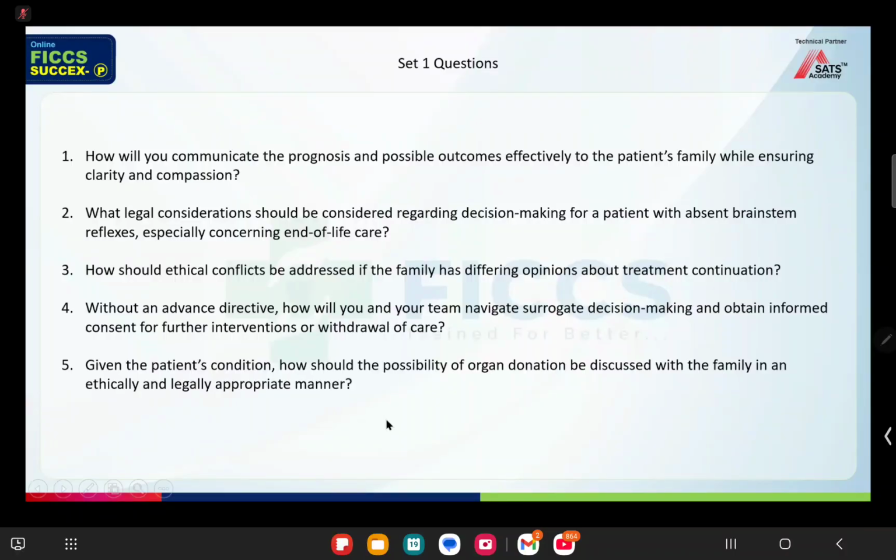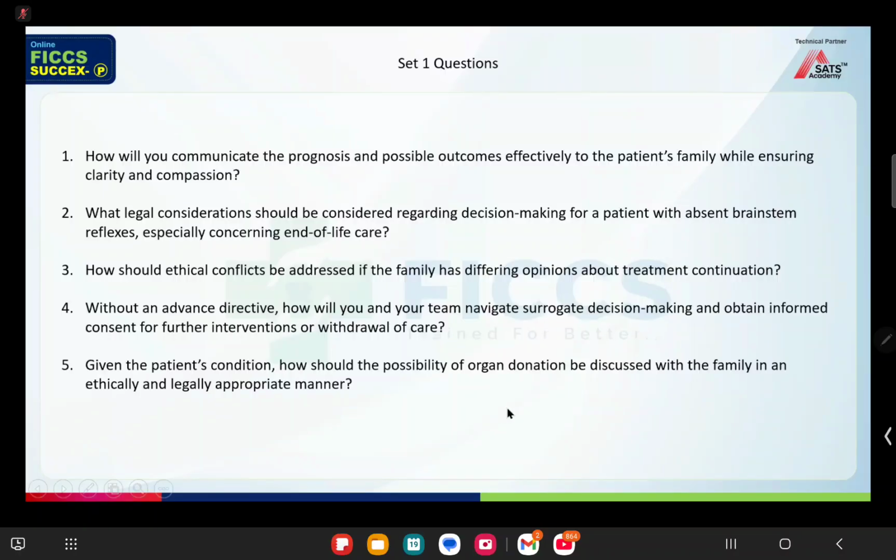Without an advance directive, how will you and your team navigate surrogate decision making and obtain informed consent for further interventions or withdrawal of care? An advanced medical directive could have been helpful here, but the problem is that it has a very cumbersome process.